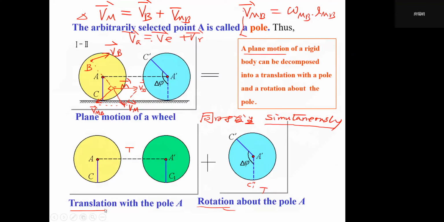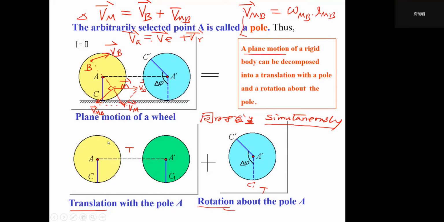If we select the pole A, we can find that plane motion can be divided into just 2 components. One is translation with the pole A. You can think of this pole A as a reference point. In many cases, we know its velocity and acceleration.